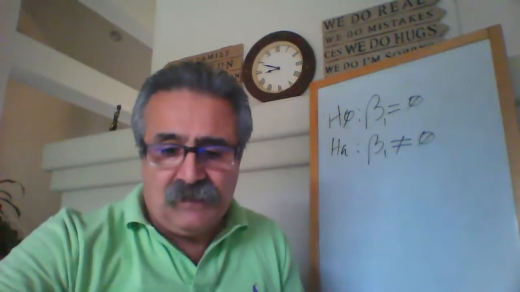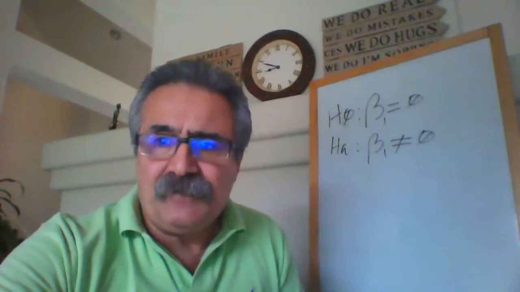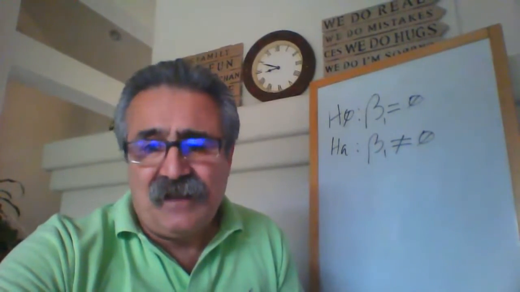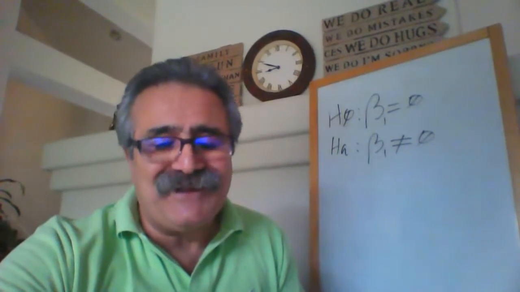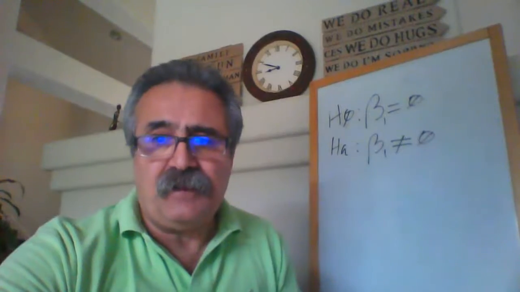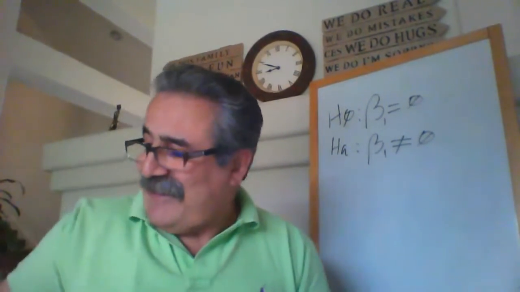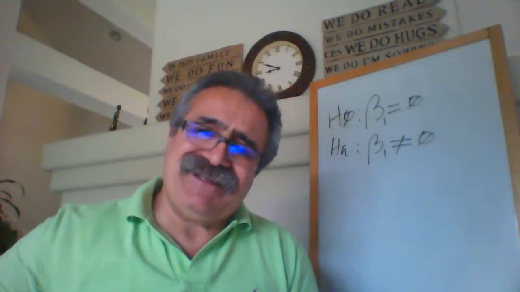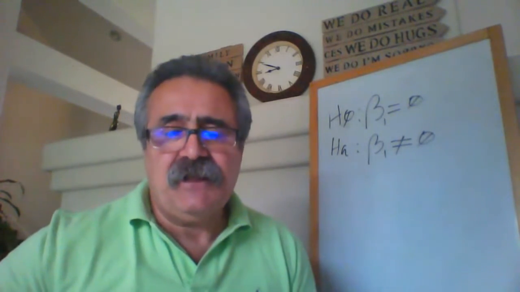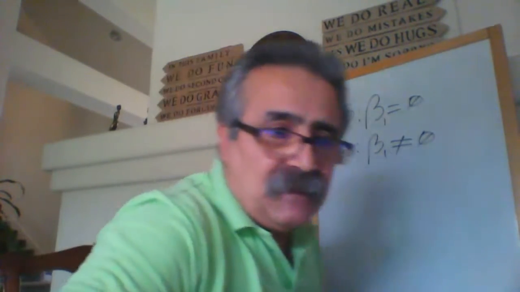If there is any relationship between the two, then we're going to prove that beta 1 is not equal to 0. So in order to run the significance test for the beta 1, there are two tests. One is the t-test, the other one is called the f-test. We're not going to cover the f-test, we're going to cover the t-test.